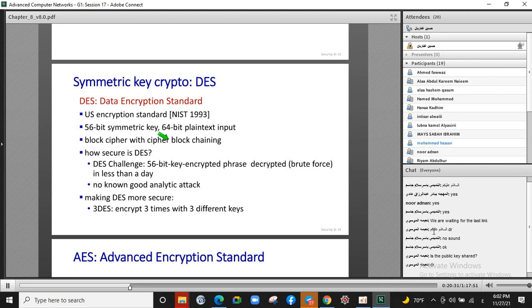Why? What is the problem with this? The problem is that this uses small keys. Here we say that the symmetric key is a 56-bit key.